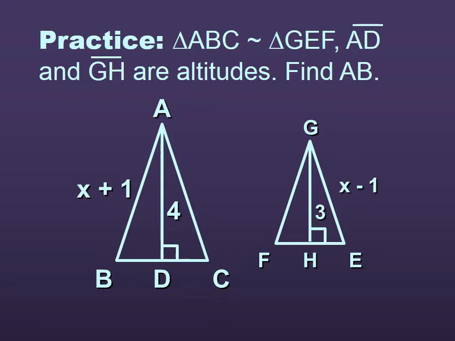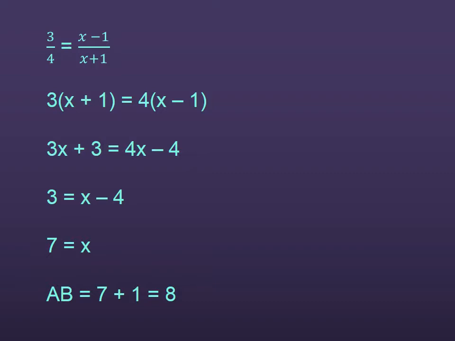We know that the ratio of 4 over 3 is equal to the ratio of x plus 1 over x minus 1. You can do it that way, or you could do 3 over 4 equals x minus 1 over x plus 1. You just have to make sure that the 3 goes with x minus 1 and the 4 goes with x plus 1, because those are the triangles they're associated with.